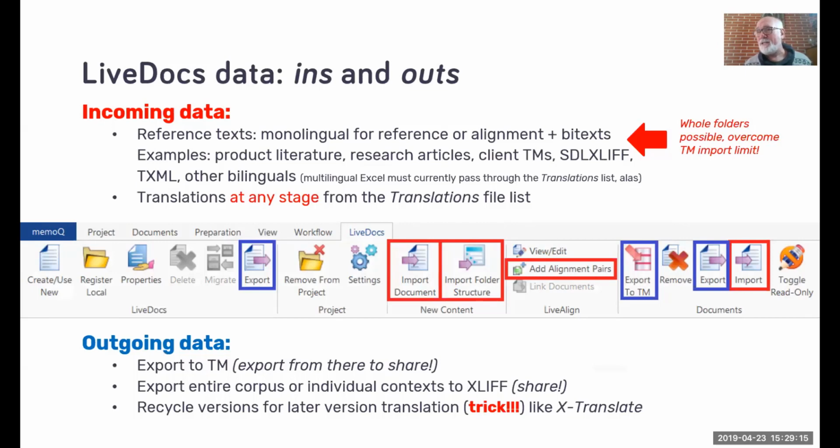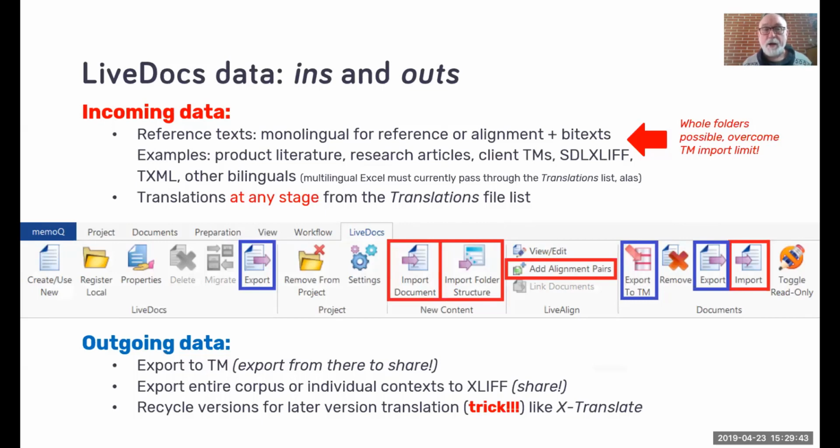That's an MQXLZ format, but it's not the same as the regular memoQ bilingual with the same file extension, and we'll talk a little bit about that and some of its implications later. But if somebody exports a document from a memoQ LiveDocs corpus and you want to bring that in to your own, that is when you would use that red box on the right-hand side of that graphic.